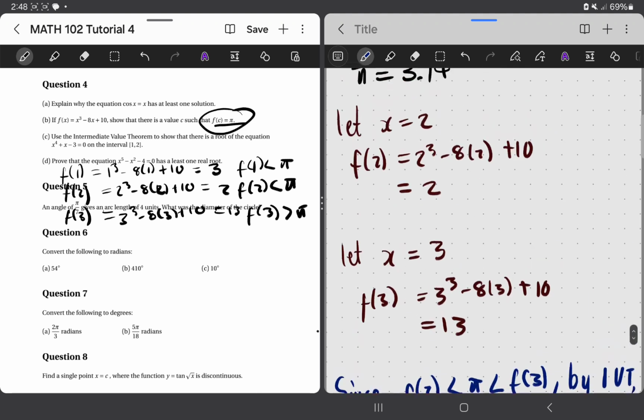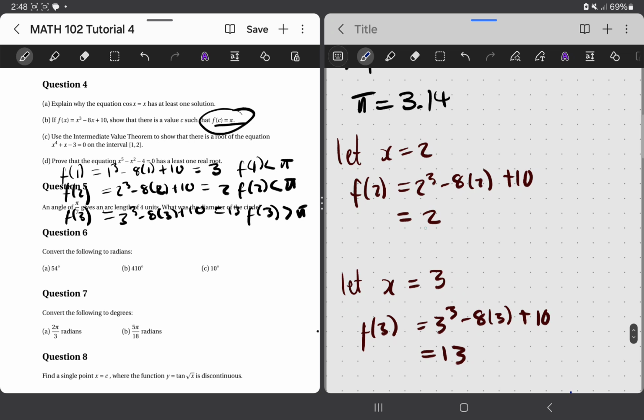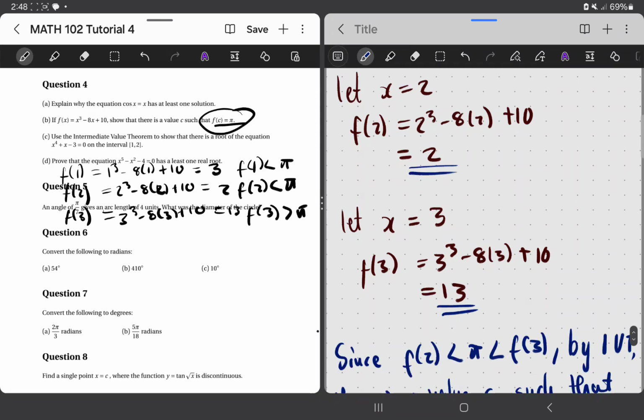Because one gave us a value less than pi, and one gave us a value bigger than pi. So in between, there has to be one which gives us a value equal to pi.